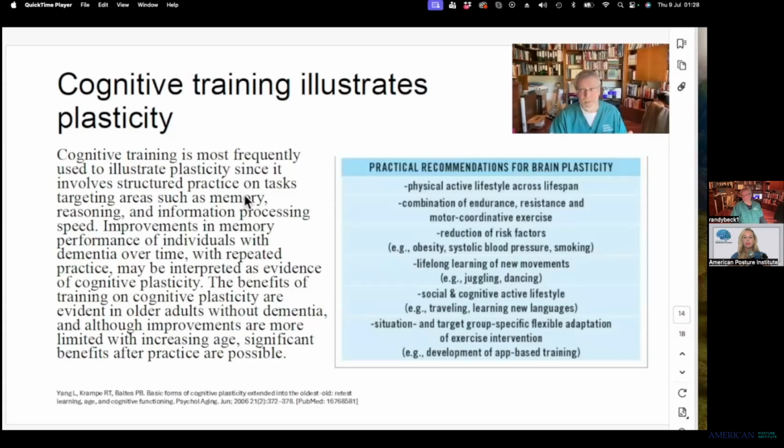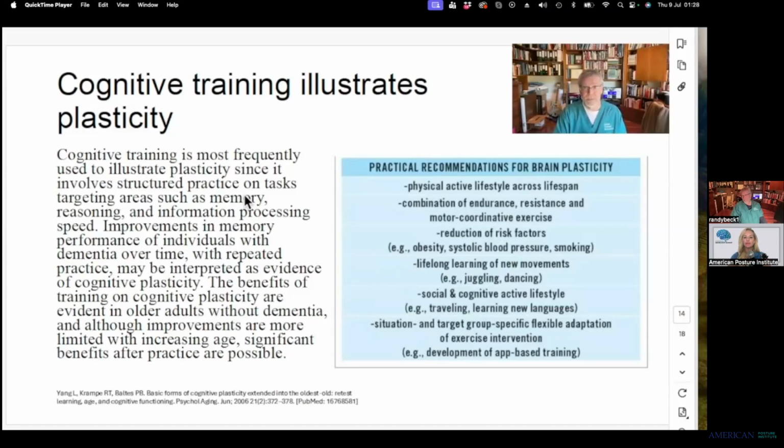Improvements in memory performance of individuals with dementia over time, with repeated practice, can be interpreted as evidence that the cognitive plasticity is improving or is being affected in some way. So basically, the benefits of training cognitive plasticity are evident in everybody, even older individuals without dementia, although the improvements are more limited as we increase in age.